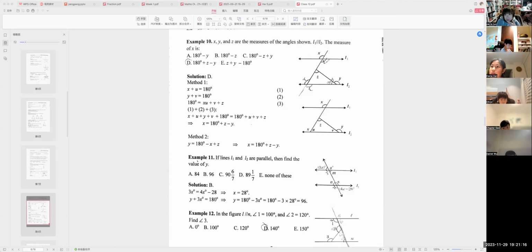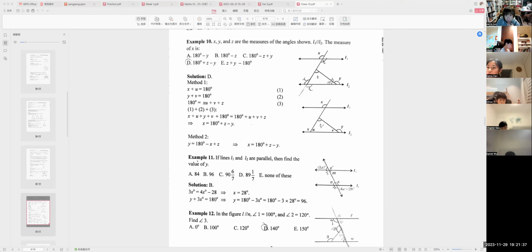So let's take a look at this one. Okay, we have X and then we have U. Because X is here and U is just the straight angle of X, so X plus U equals 180. And we also have Y plus V equals 180.